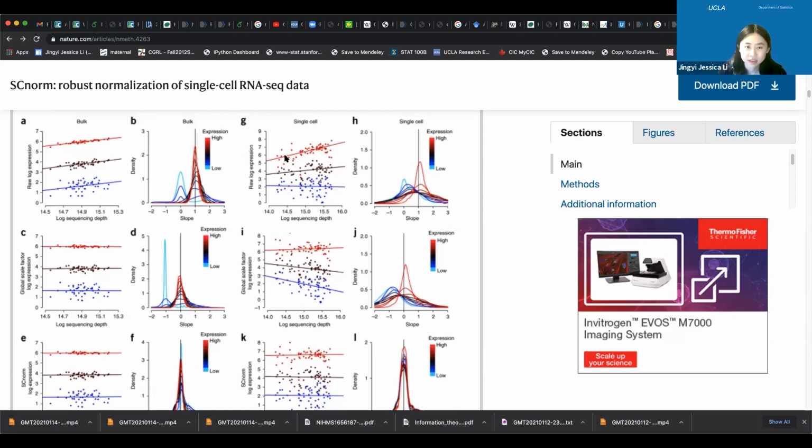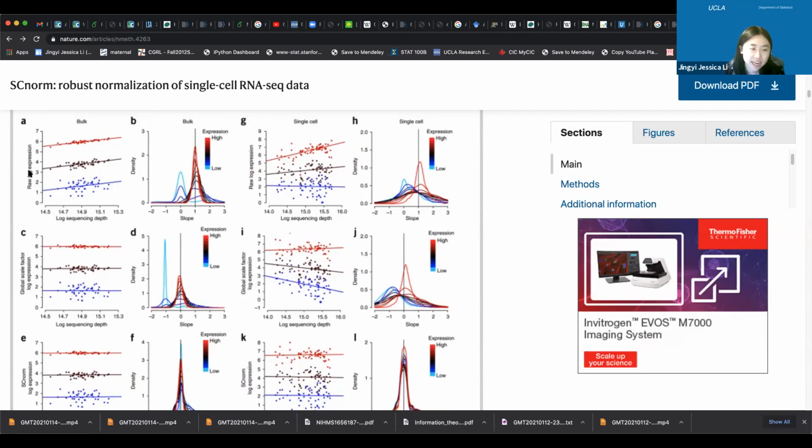Let's start from here. This is bulk data. We have three genes, and each dot is a sample. Let's say you have 200 samples, then you will have 200 dots here for one gene, and another 200 dots for another gene, because every gene has 200 measurements.